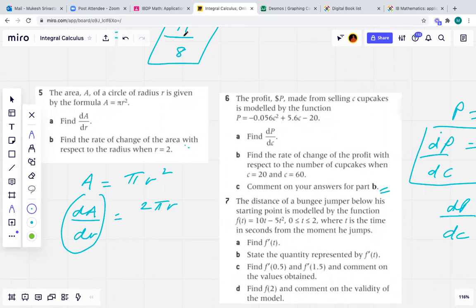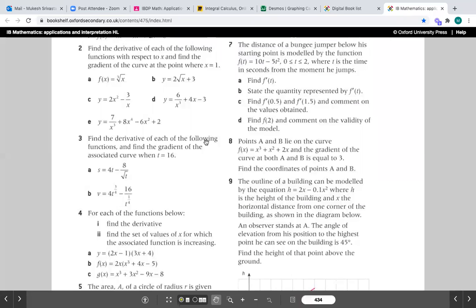There is the product rule, the chain rule, and all that we'll finish off. I think we need two classes to finish off.